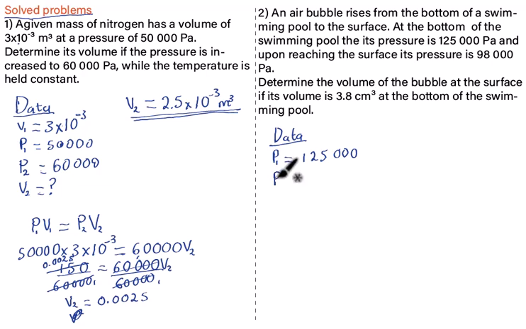Go ra re P2 go bohelong a ke bokae 98,000. Determine the volume of the bubble at the surface if its volume is 3.8 centimeter cubed at the bottom.